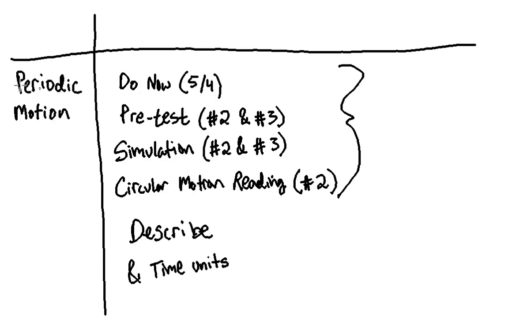We're talking about periodic motion of things in our solar system. So please be ready to describe those two types and tell me what units of time are defined by these two types of motion covered in these questions, these do now, this reading lesson, or this question from the reading notes.